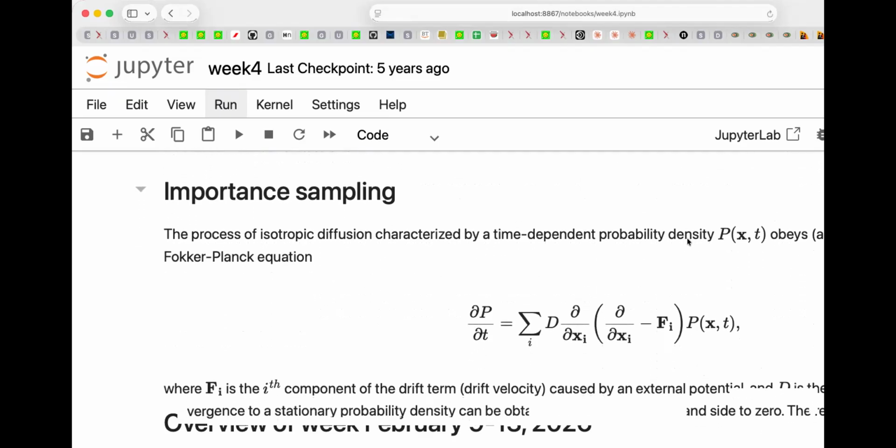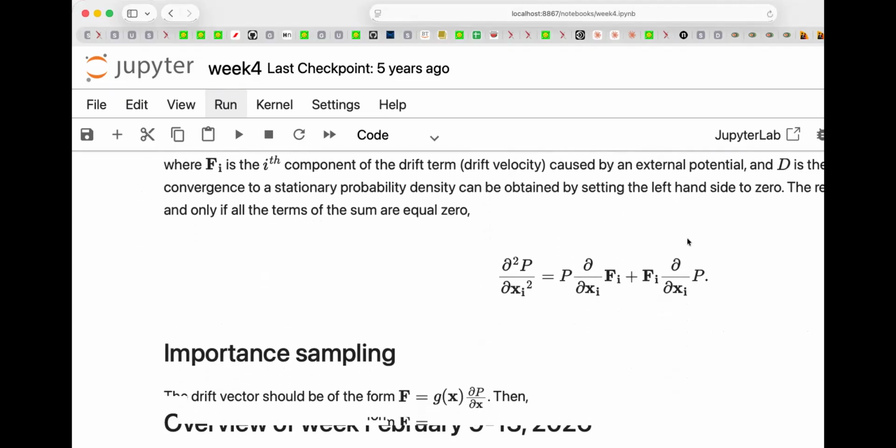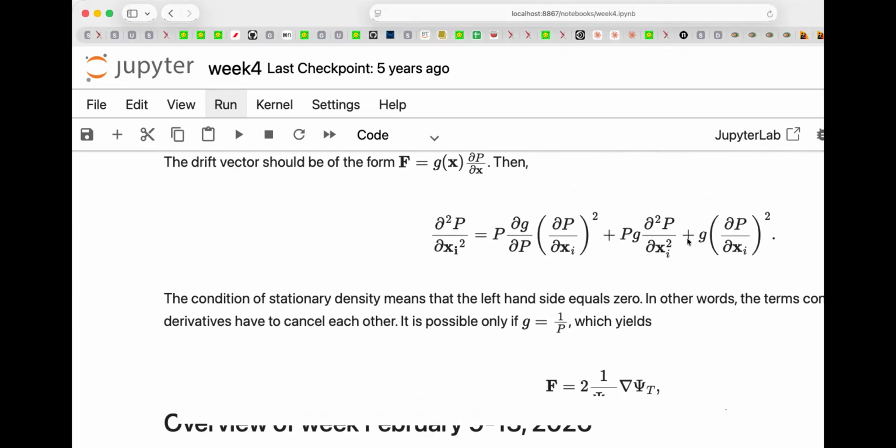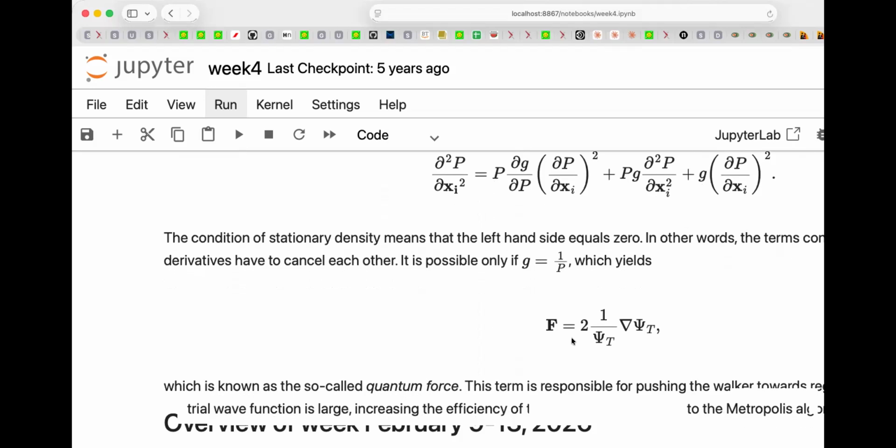And the thing which we discussed last time, and this is just some simple derivation, you can show that this quantum force, as we called it, is given by one over the wave function multiplied with the gradient of the trial wave function. Now, this makes life complicated when we look at more complicated trial wave functions, in particular if you have a dependence on the interparticle distance, because then it gets more complicated to calculate the derivatives.